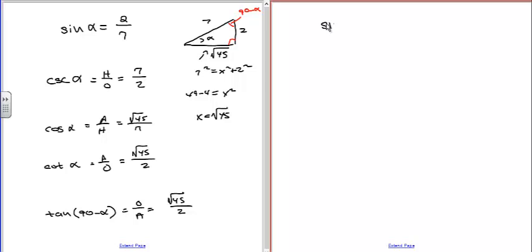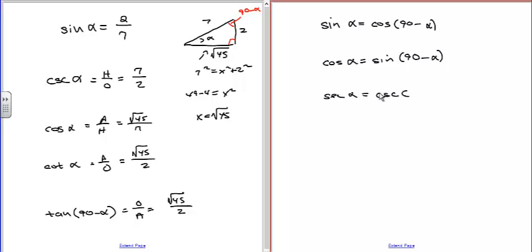The sine of alpha is equal to the cosine of 90 minus alpha. The cosine of alpha is equal to the sine of 90 minus alpha. The secant of alpha is equal to the cosecant of 90 minus alpha. Then you've got the cosecant of alpha is equal to the secant of 90 minus alpha.